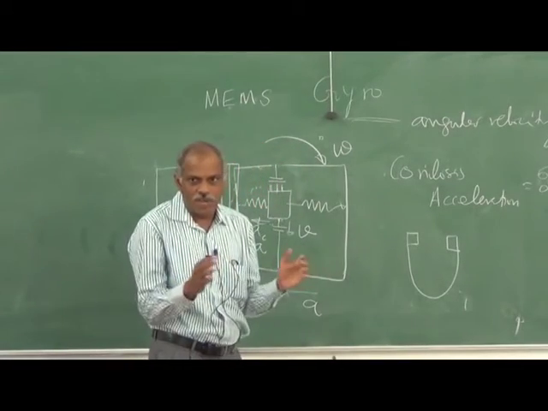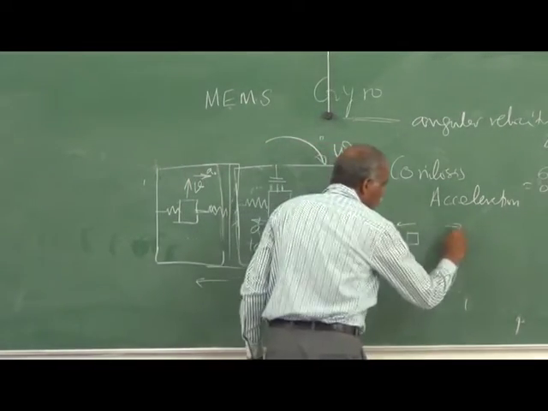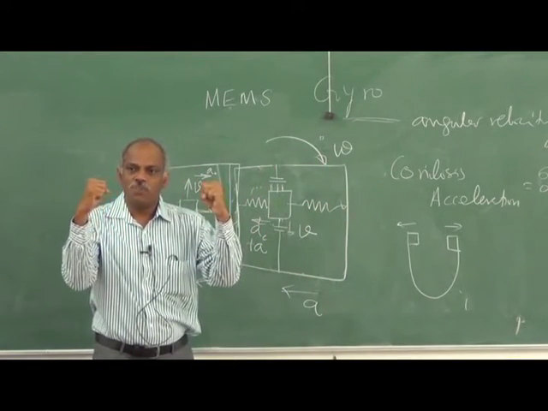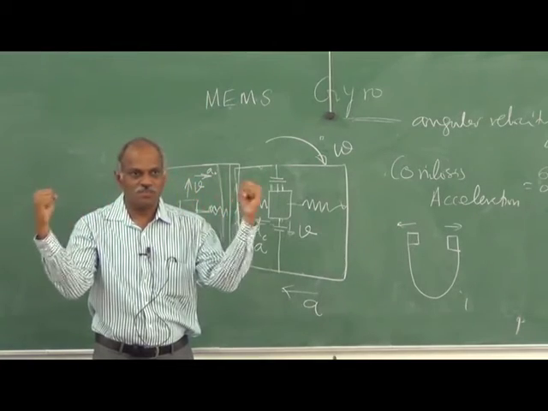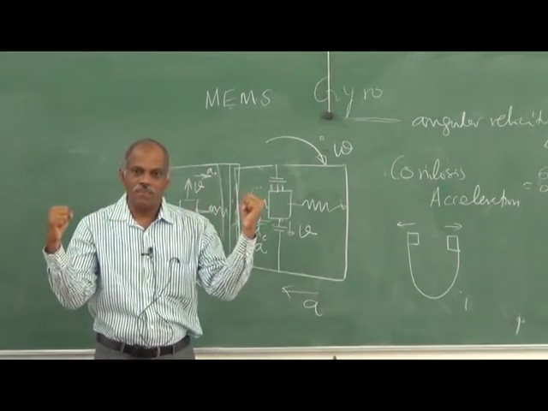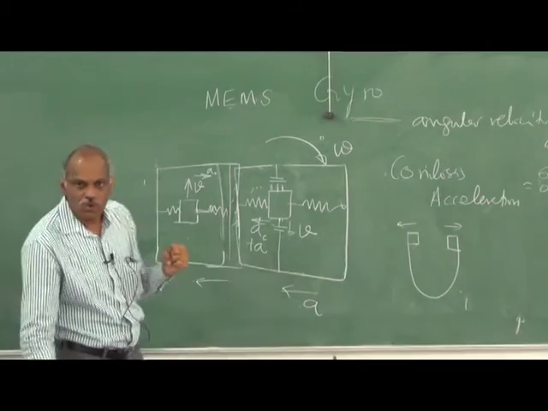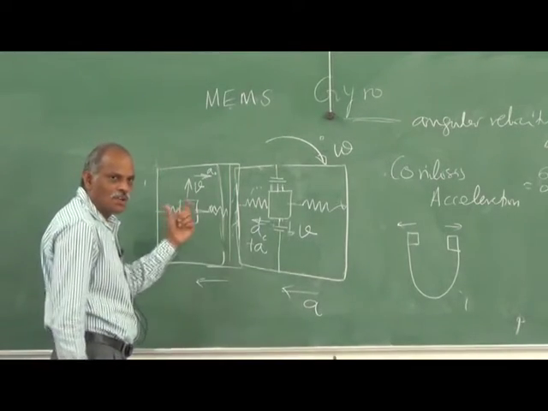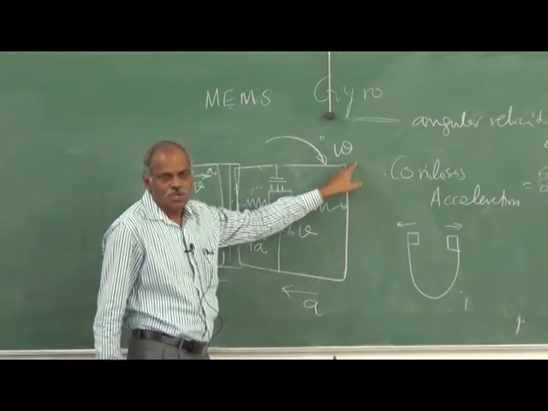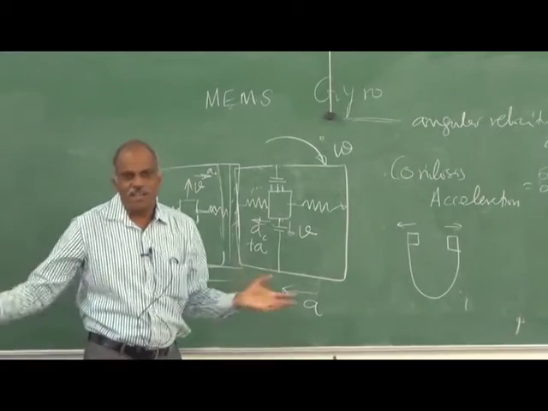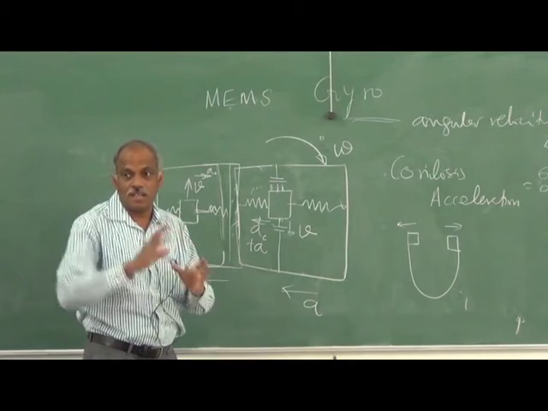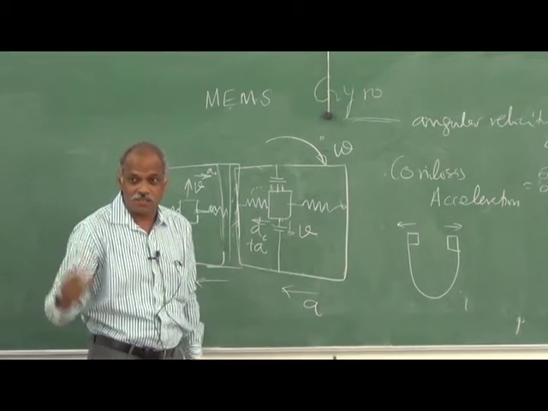You know, when a tuning fork vibrates, the two arms move in opposite directions, right? So at any given instant they will have opposing velocities, so they will respond only to the angular Coriolis acceleration, and therefore only the angular velocity will be measured. So complicated constructions have been designed so that they can measure the Coriolis acceleration, angular velocities, in 3 axes.